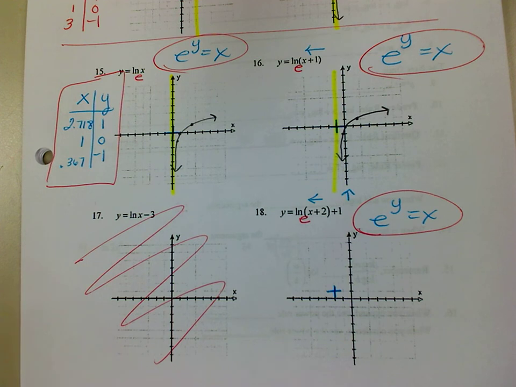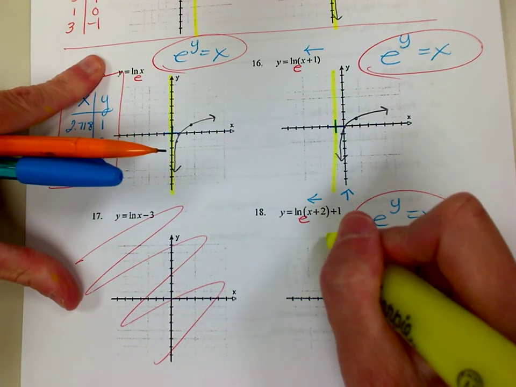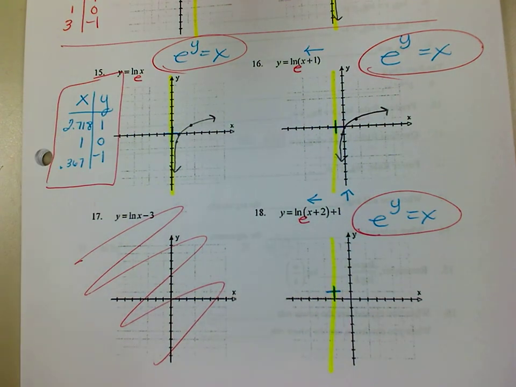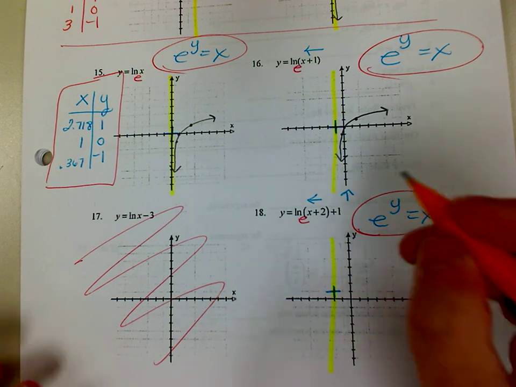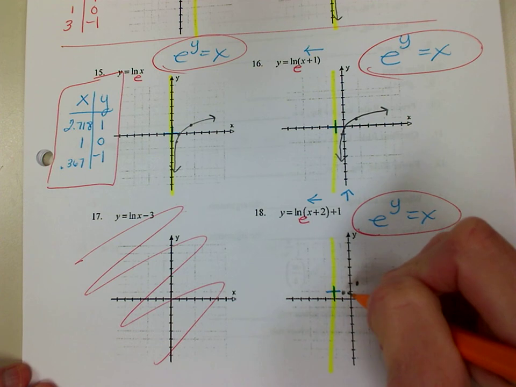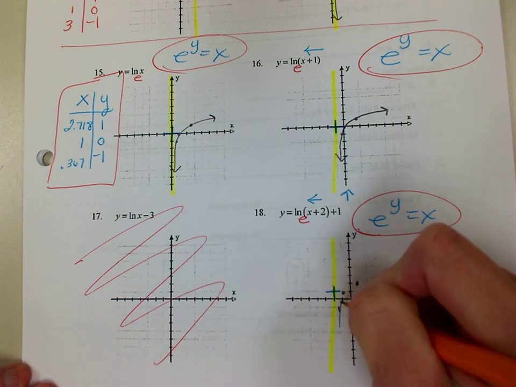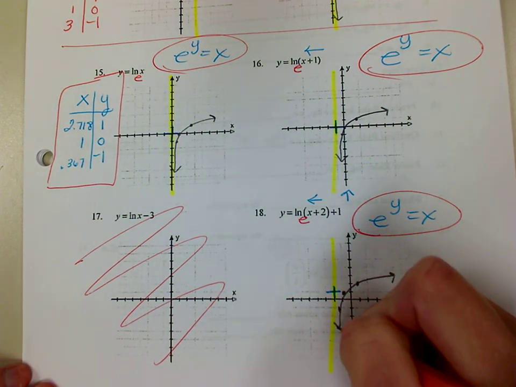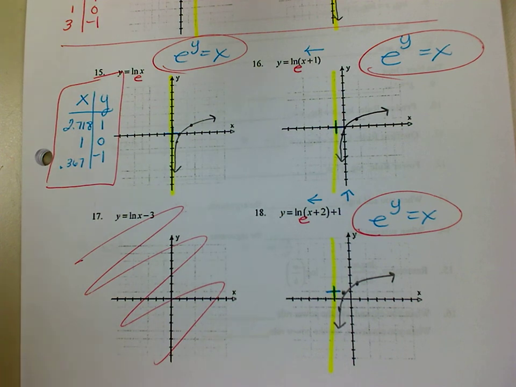Y is the exponent, so I've got to make sure I don't cross that. And now I just plot my points. So that is number 18. And that's how you graph logs and natural logs.